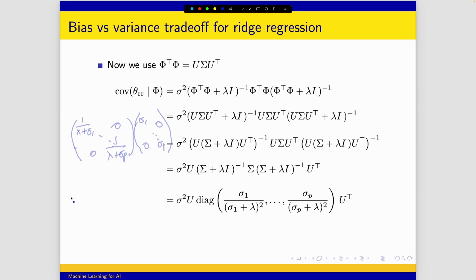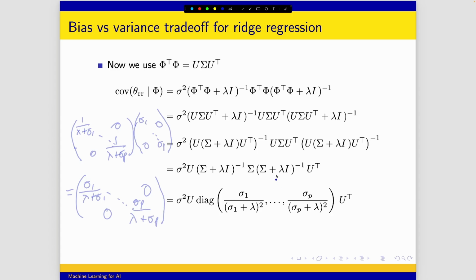That gives us the diagonal matrix sigma 1 over lambda plus sigma 1 down to sigma p over lambda plus sigma p, still diagonal, everything else 0.